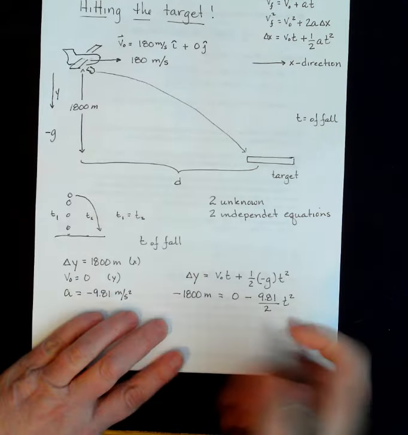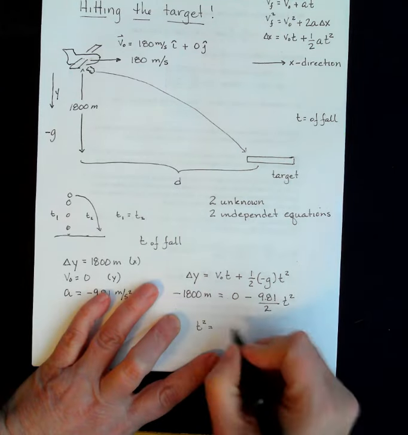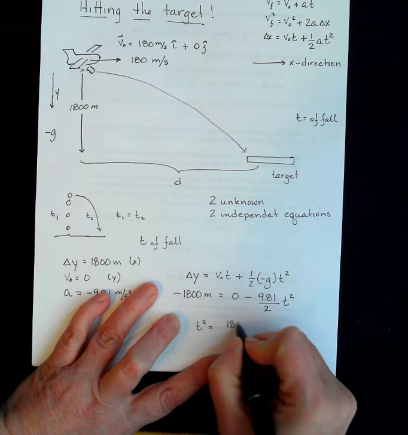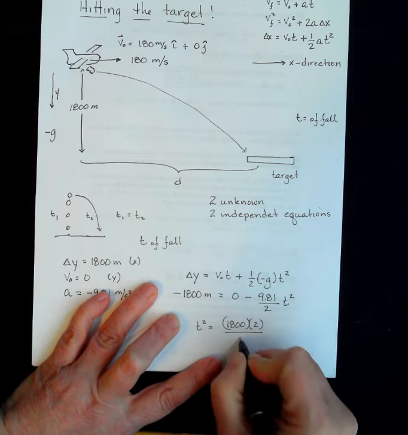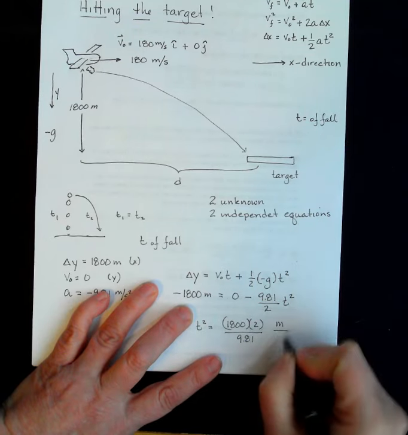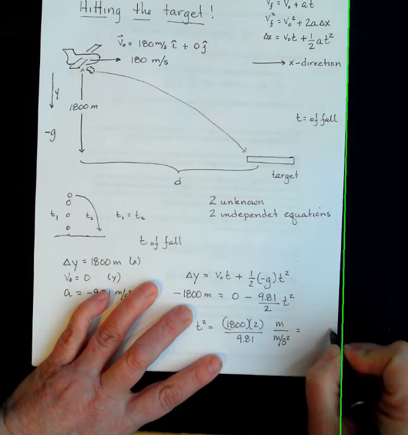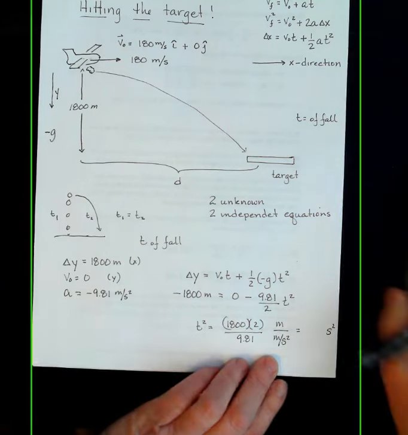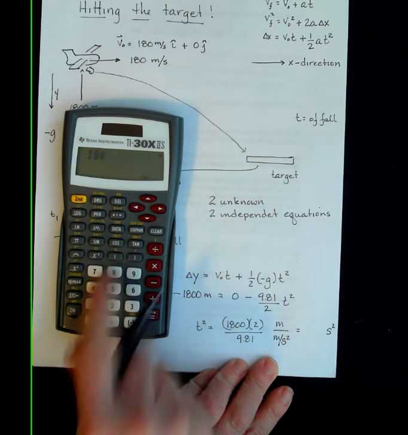So let's go ahead and solve for t squared. T squared is going to equal my 1,800 times 2 divided by gravity. And this is in meters divided by meters per second squared, which is going to end up giving me seconds squared, which is good. That's exactly what I want. We can plug that into the calculator.